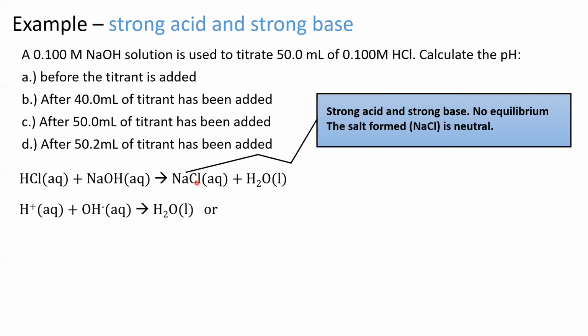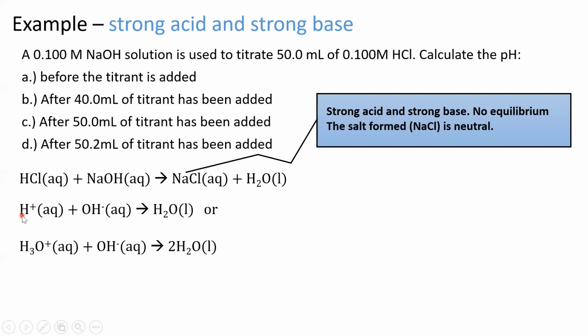So really, when we look at a strong acid, strong base titration, it's the hydrogen ions from the strong acid reacting with the hydroxide ions from the strong base to produce water. And we can write it this way, or we can write it this way, because we know that the hydrogen ions really don't hang out by themselves.